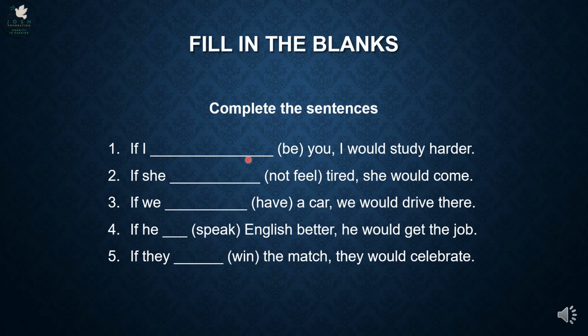If I dash dash you, I would study harder. If she dash dash tired, she would come. If we dash dash a car, we would drive there. If he dash dash English better, he would get the job. If they dash dash the match, they would celebrate.